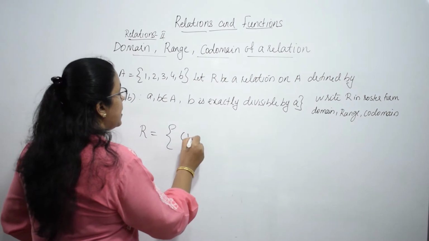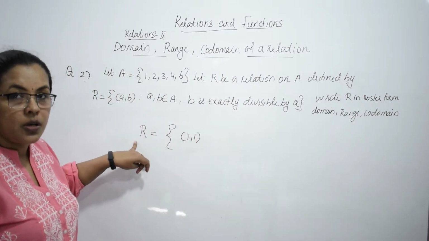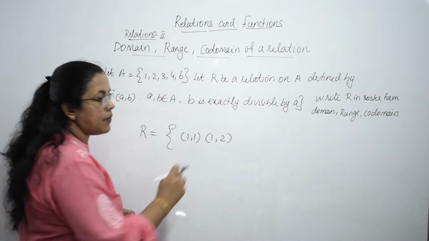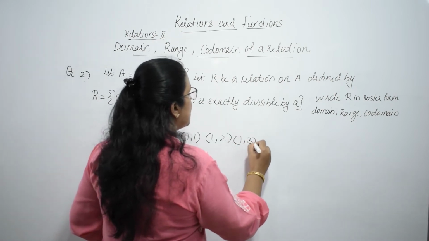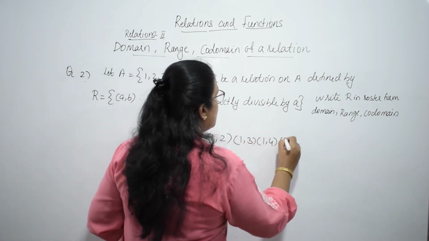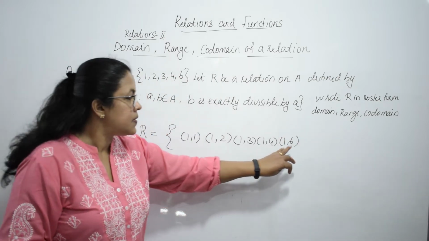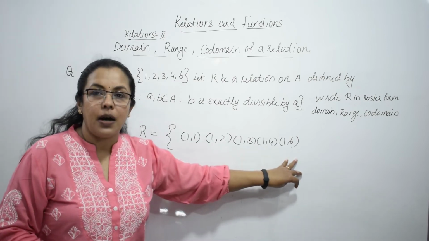So (1, 1) is an element of R. What about (1, 2)? Is 2 divisible by 1? Yes. So (1, 2), (1, 3), (1, 4), (1, 6), because 4 is divisible by 1, 6 is divisible by 1. All these are elements of R.